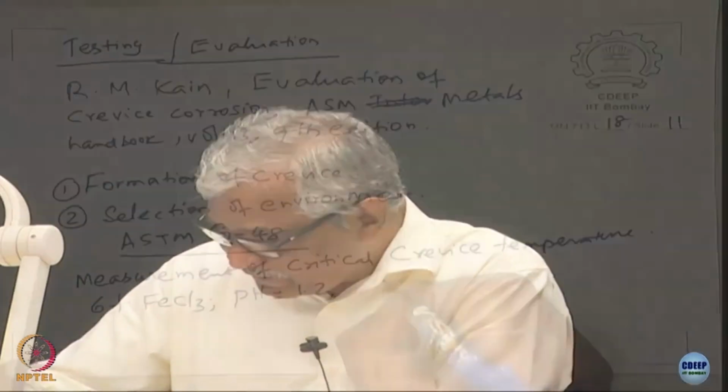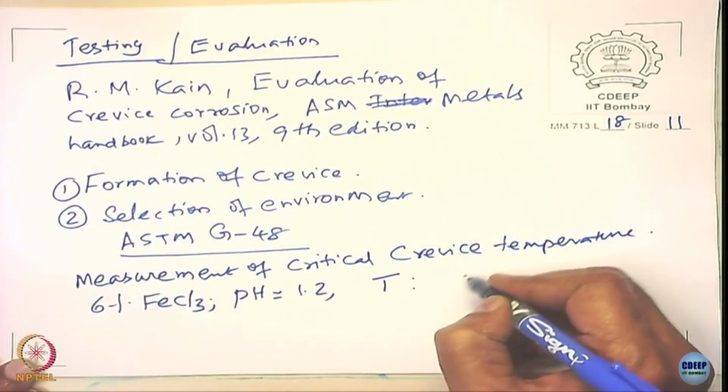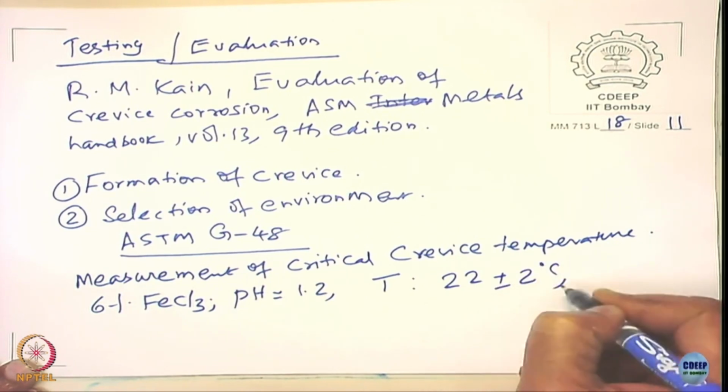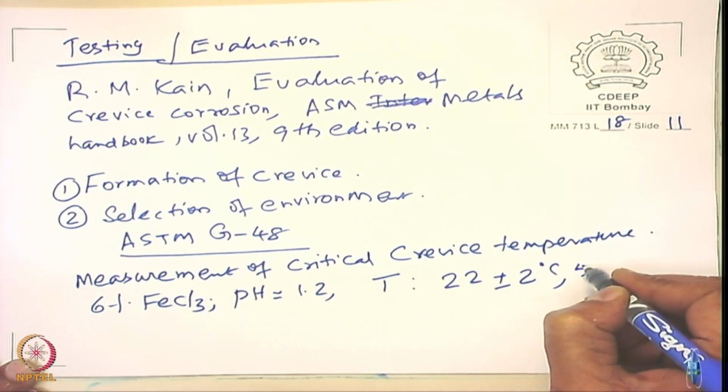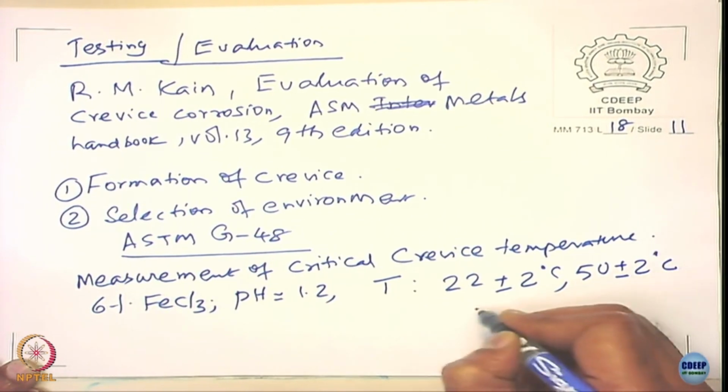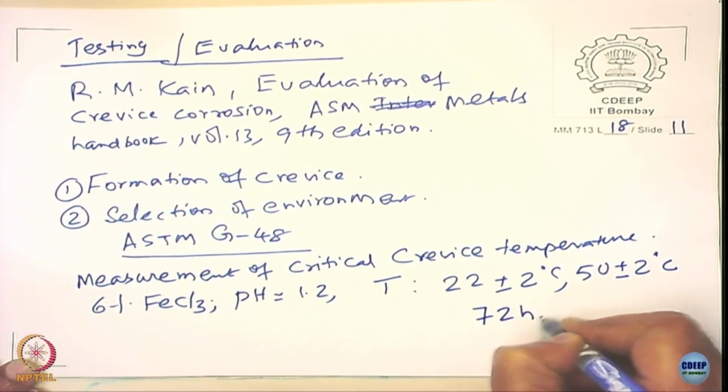It is an accelerated test that people do, and generally the temperatures they choose are 22 plus or minus 2 degrees Celsius and 50 plus or minus 2 degrees Celsius, and they expose for about 72 hours.